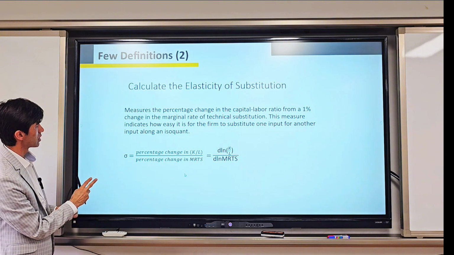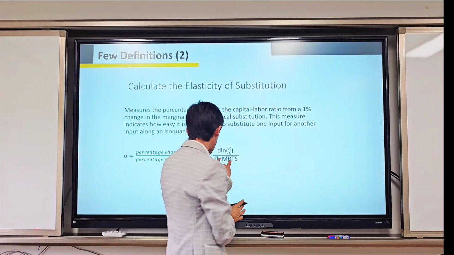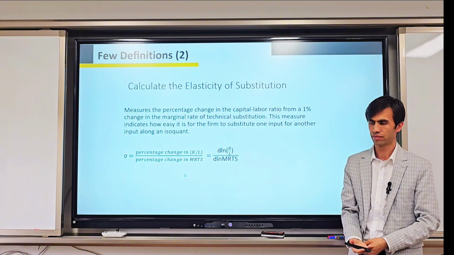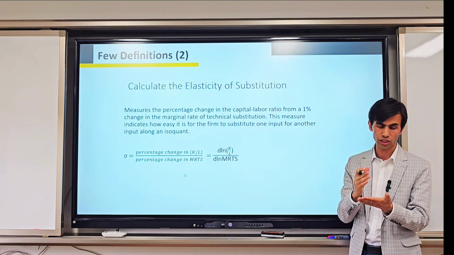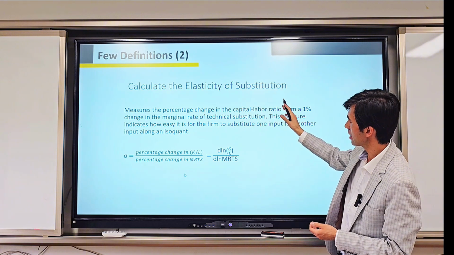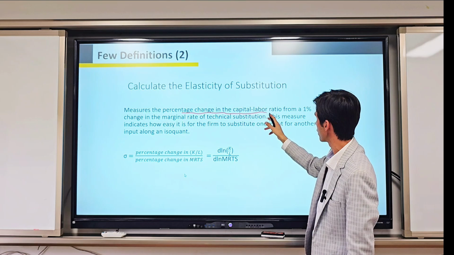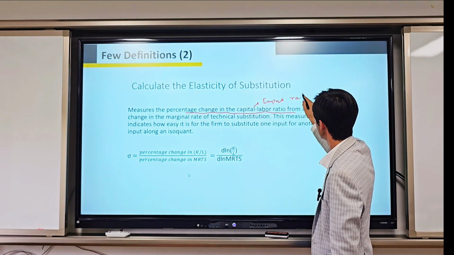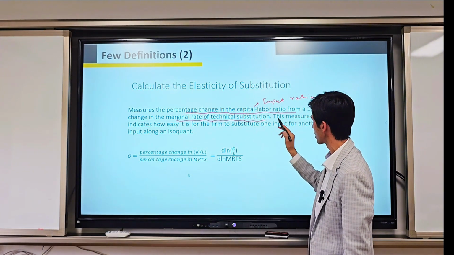Another concept we have is the elasticity of substitution. The marginal rate of technical substitution shows the rate of substitutability, the slope of the isoquant. But the elasticity of substitution is a measure of the percentage change in the capital labor ratio, or simply the input ratio, from a 1% change in the marginal rate of technical substitution.